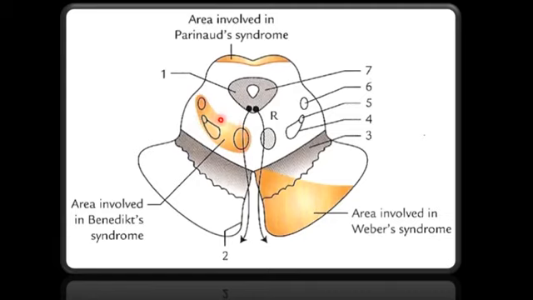Now, it will involve the medial lemniscus, spinal lemniscus, the red nucleus, and superior cerebellar peduncle, and fibers of the oculomotor nerve. And we can notice the spread in this whole area. These are areas that will be affected in Benedict syndrome.